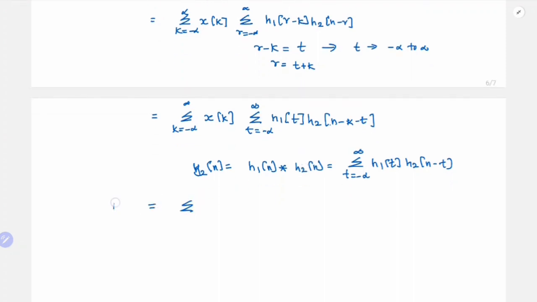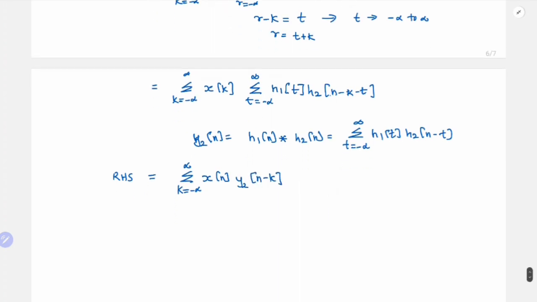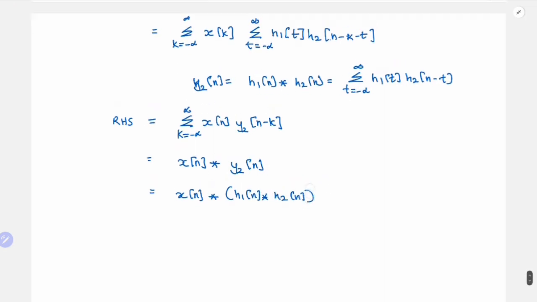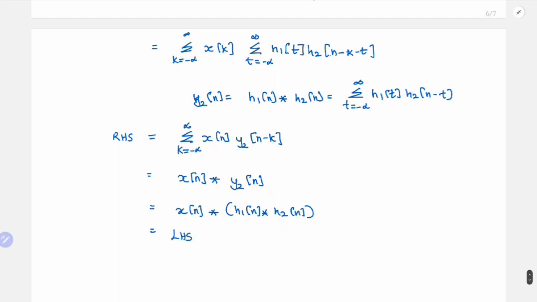So my RHS is going to be summation k equal to minus infinity to infinity, x of k, y2 of n minus k. So now this is nothing but my x of n convolved with y2 of n, and my y2 of n is nothing but h1 of n convolved with h2 of n. And this is nothing but my LHS. So I proved that LHS equals RHS.